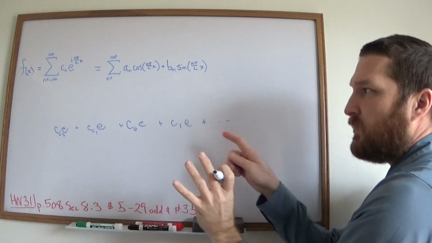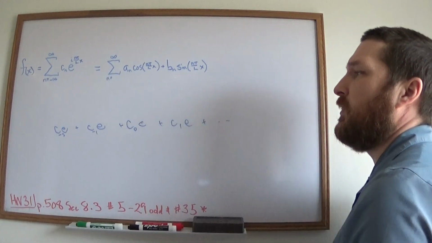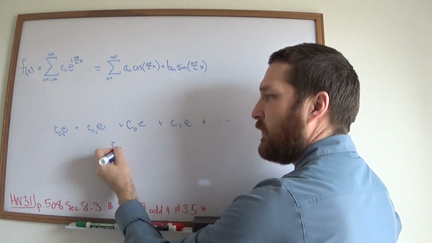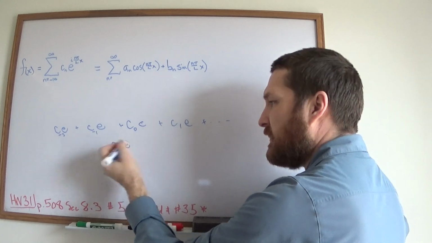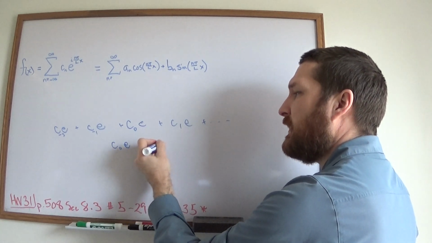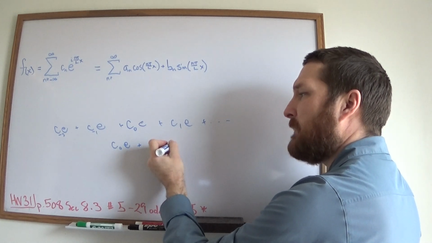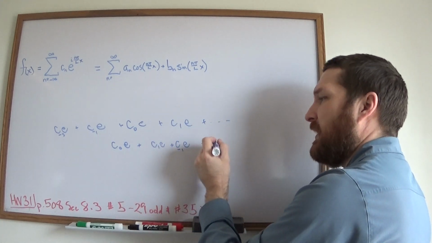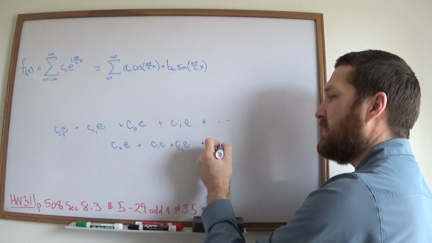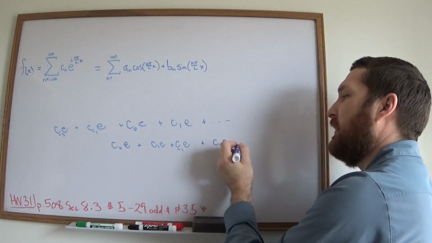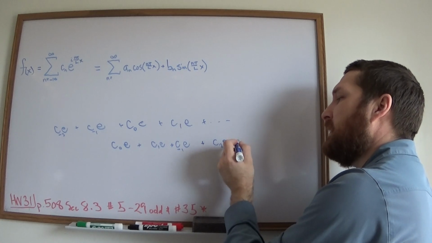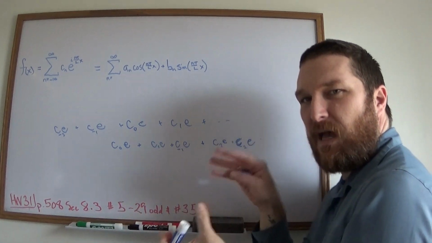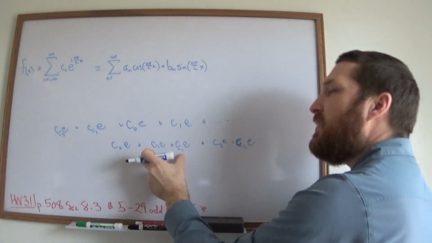And what you do to turn it from this form to this form, it's not exactly what I'm doing here, but you combine these in a special way so that you get your C0 e to the stuff, C1 e to the stuff, plus the C negative 1 e to the stuff, plus, and then you rewrite, you have your C2 e to the stuff, C negative 2 e to the stuff, and so on and so forth.